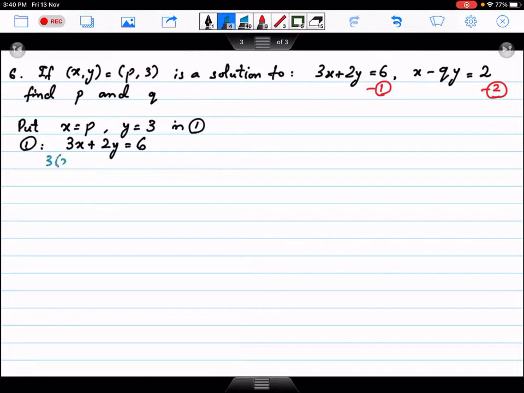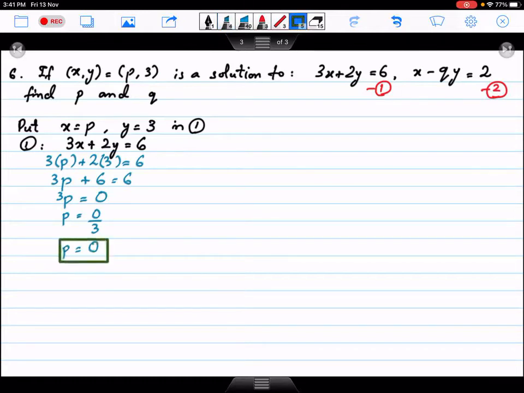So it becomes 3p plus 2 times 3 is equals to 6. Now it becomes 3p plus 6 is equals to 6. So 6 is here being added, it will go there and it will be subtracted. So it becomes 0. Now 0 divided by 3, 0 divided by something is basically 0. So now we have the value p is equals to 0.